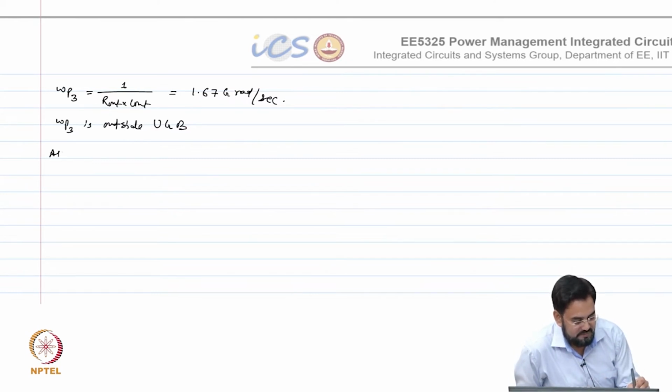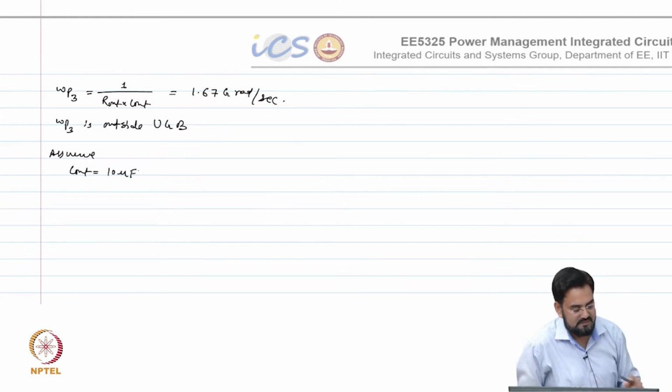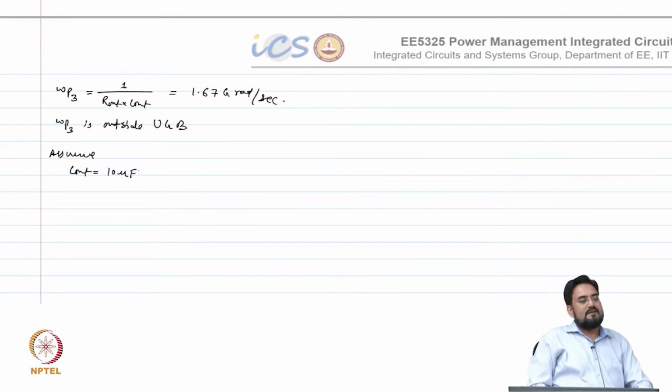Assume C out equal to, instead of 10, let us say 10 microfarad, which is 10 to the power 6 times what you assumed earlier.